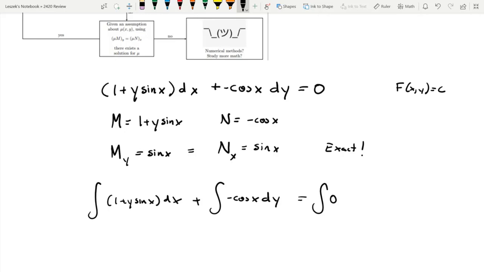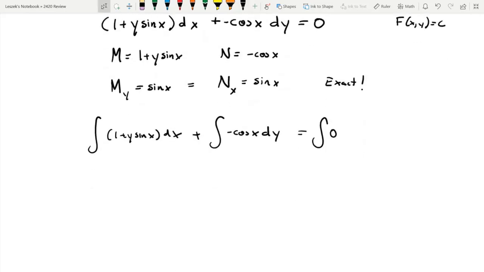And I know the right-hand side is kind of weird, but here you could be integrating with respect to x. So it's like a partial integration, right? It's that you treat y, the other variable, like a constant. So you're going to get x minus y cosine x. That's the antiderivative with respect to x.